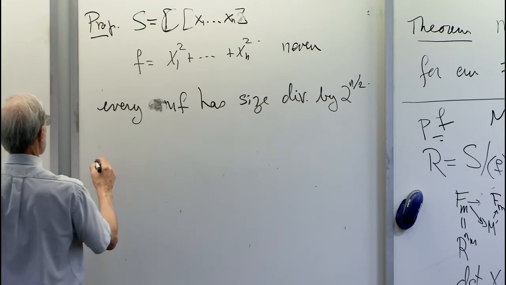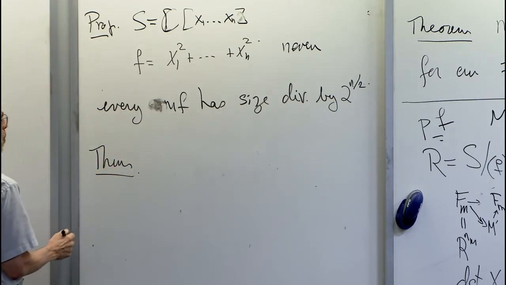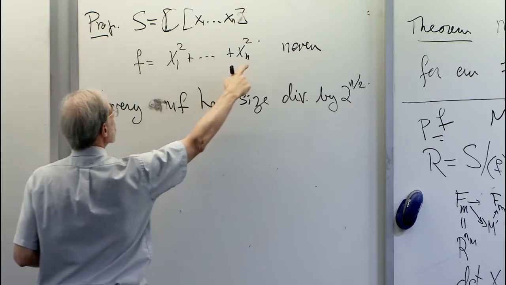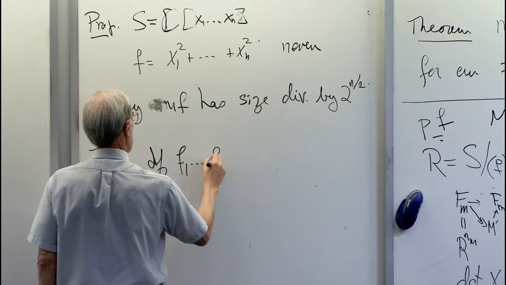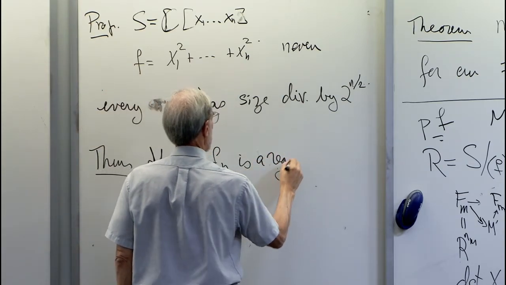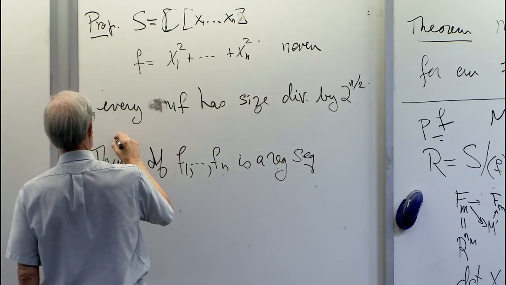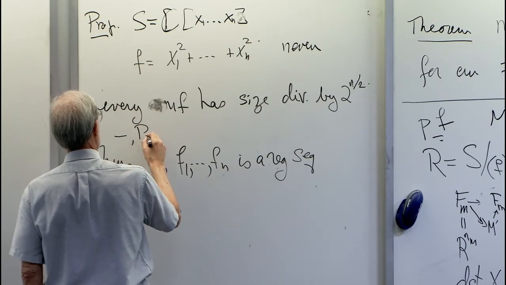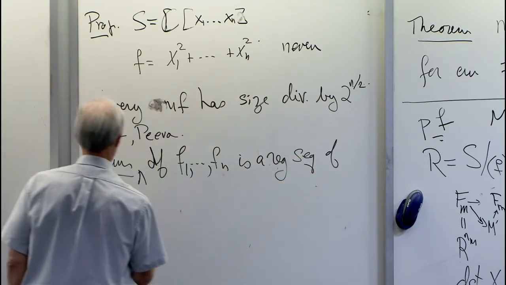So let me show you another case, which is a recent theorem. Suppose you have any regular sequence of quadratic forms. This is a theorem of Tayeb and mine. Any regular sequence of quadratic forms.